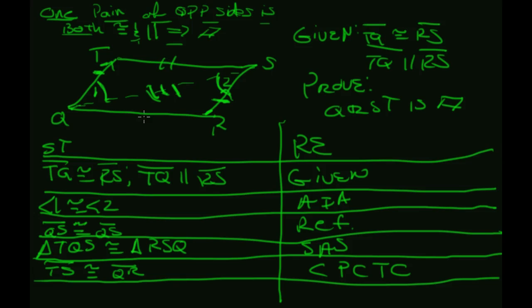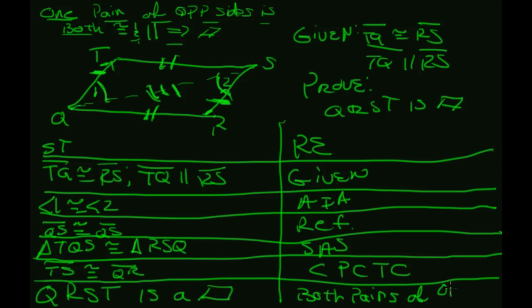So this has to be congruent to that. And now I have both pairs of opposite sides are congruent, which means by earlier theorem that QRST is a parallelogram. Both pairs of opposite sides are congruent, then I have to have a parallelogram.